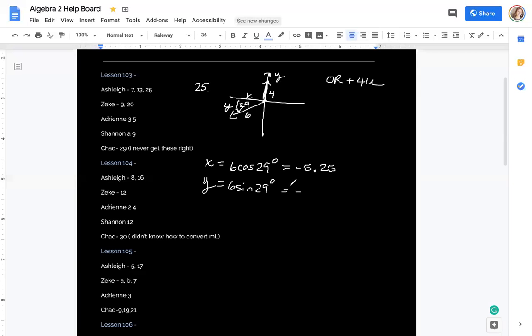And the same for 6 sine of 29 degrees: negative 2.91. So this is your right, and that's your up. You're going to add negative 5.25 right minus 2.91 up, and that should be your answer. Okay, 29.